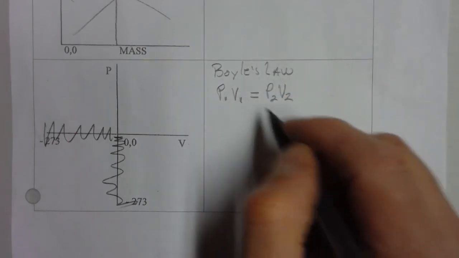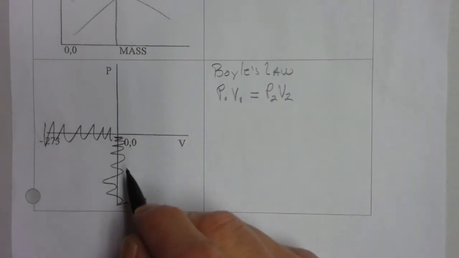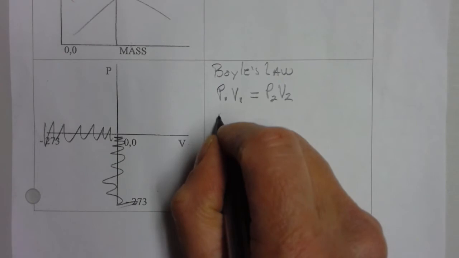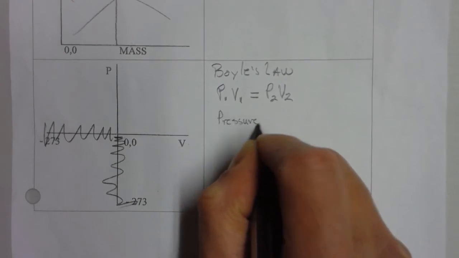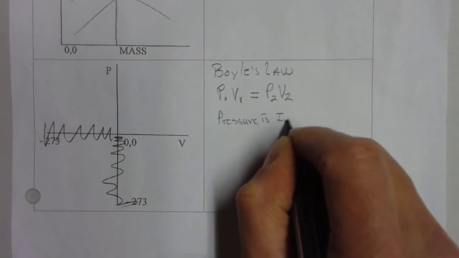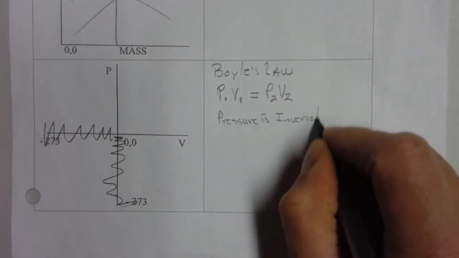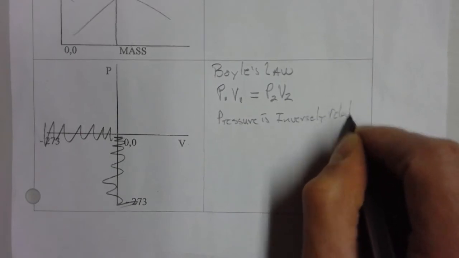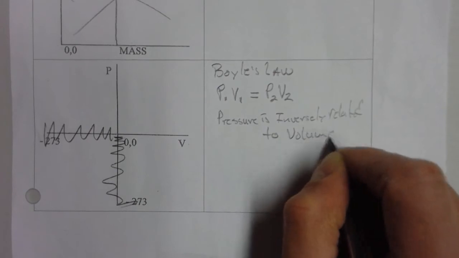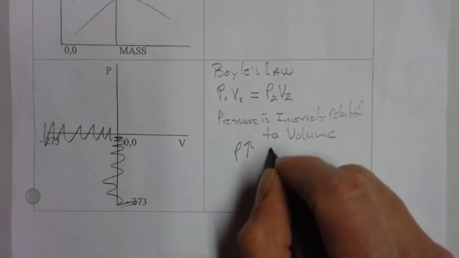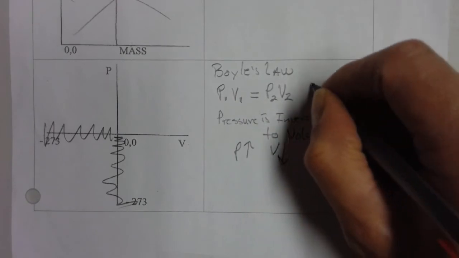So when the product is a constant, that gives you an inverse relationship. Pressure is inversely related to volume. So as P goes up, V goes down. And this is, of course, for a constant temperature.